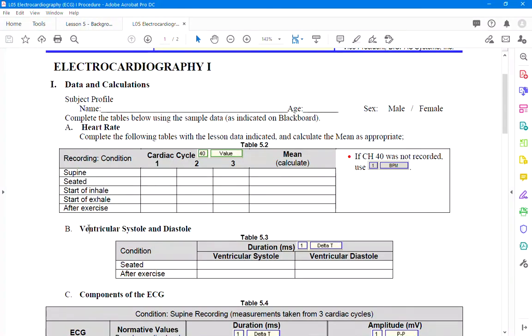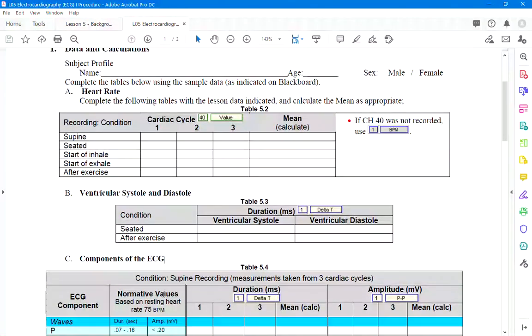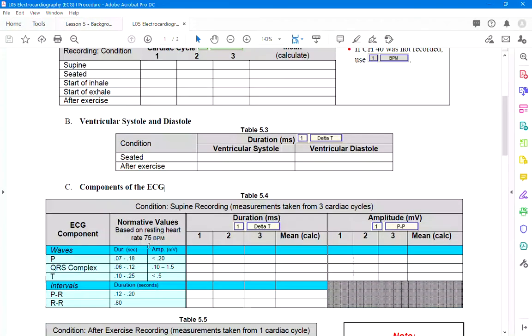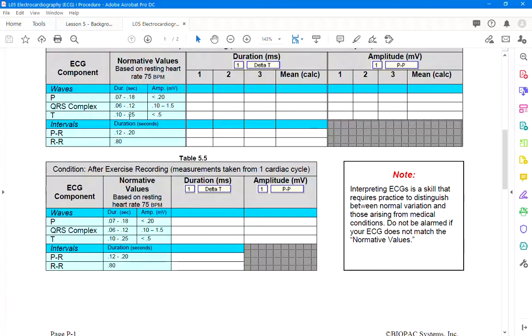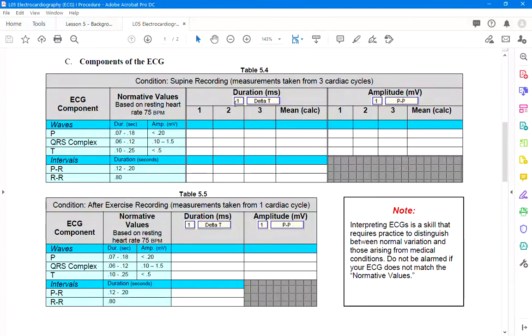We're also going to be looking at ventricular systole and diastole, as well as different components of the EKG, and that's what I mentioned a moment ago was going to be quite helpful when you went to analyze the ECG components, looking at that background document. So you'll complete the tables for our resting values. This is from our supine recording, and this will be from our post-exercise recording.